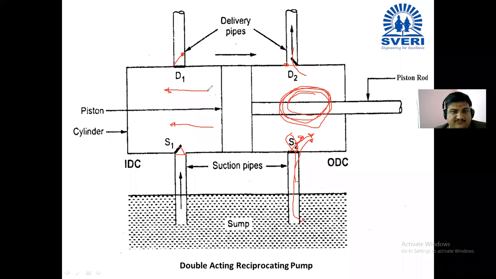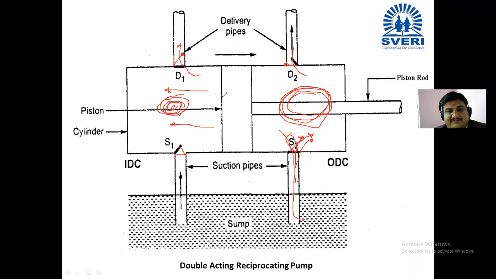When your piston moves from right hand side to left hand side, water will be taken inside, and the water which was collected in this cylinder during the previous stroke, पहला जो स्ट्रोक था जहां आपका पिस्टन राइट हैंड साइड को मूव हो रहा था, तब जो वाटर S1 वॉल्व से अंदर आ गया है, in the next stroke that particular water will be taken outside.